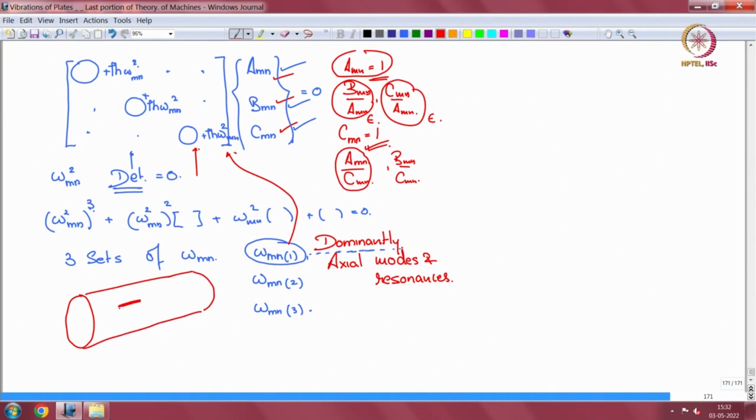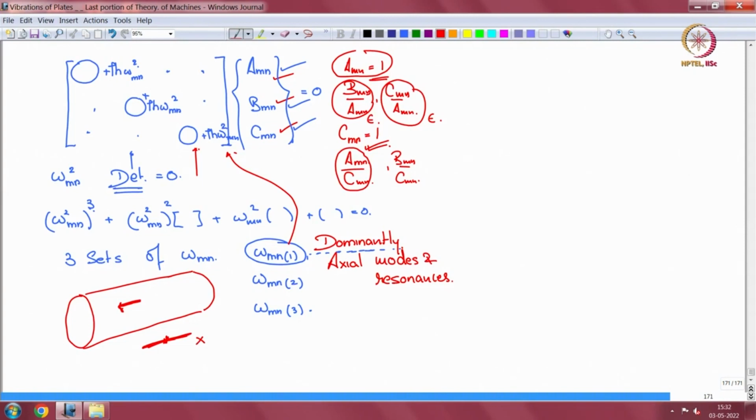It is also moving torsionally, it is also moving radially, but its dominant movement is this, with a slight amount of theta movement and slight amount of vertical movement. Dominantly it is x direction movement.